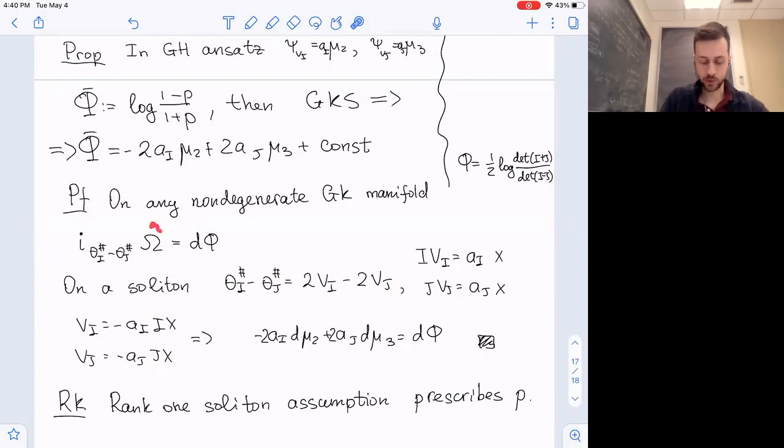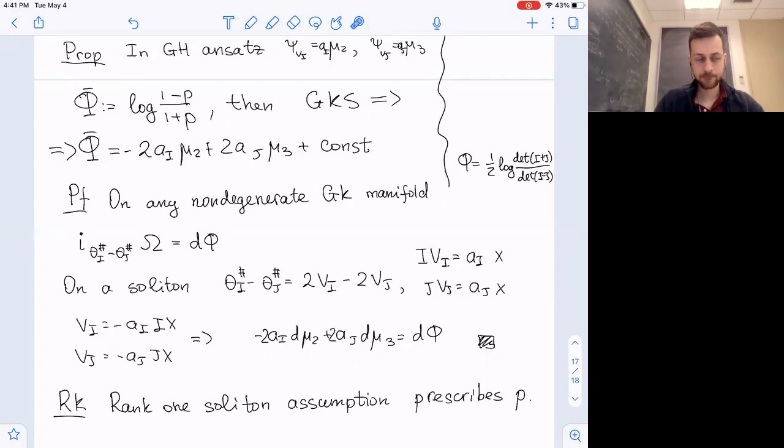So what we're computing on the left-hand side is the symplectic potential for the difference of these two vector fields. But we already know the symplectic potential through the moment function. So the symplectic potential for the difference of these two vector fields is 2ai mu2 plus net minus 2aj mu3.